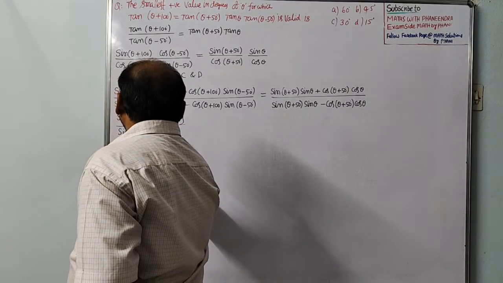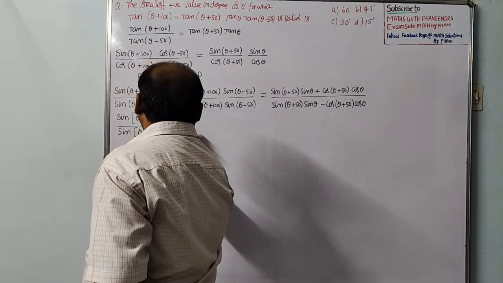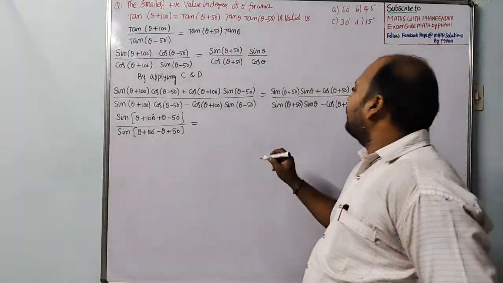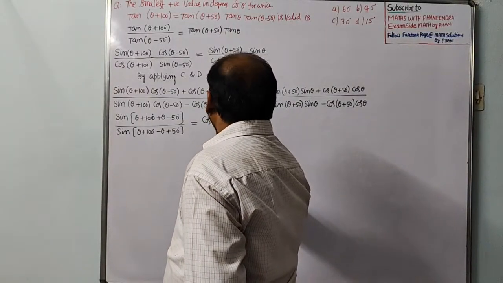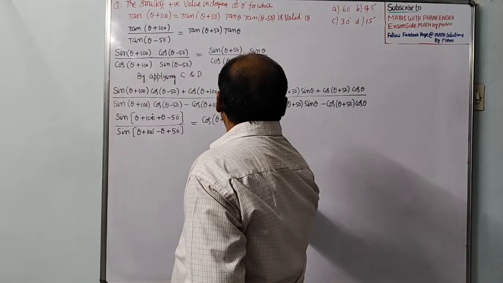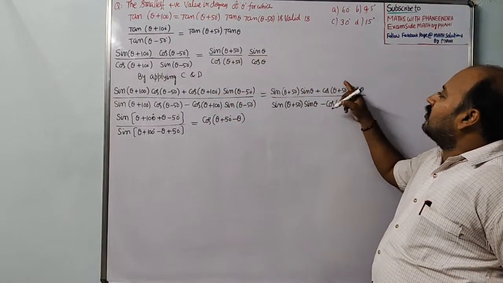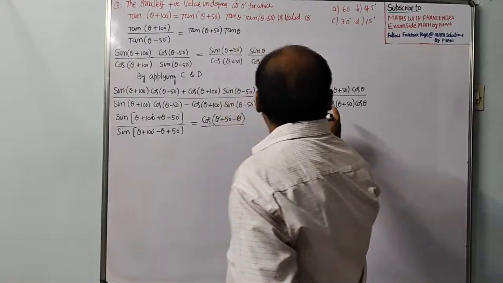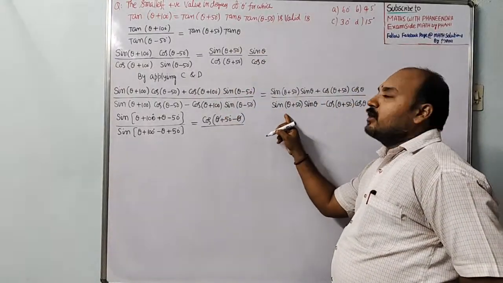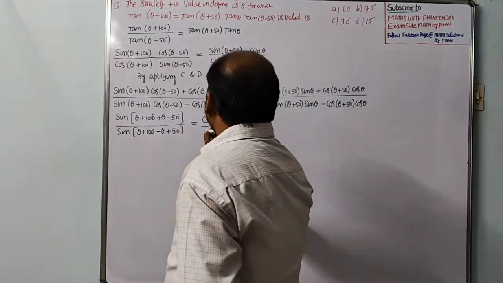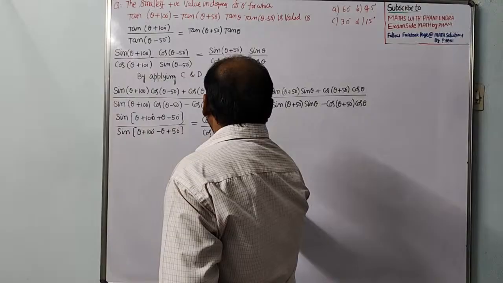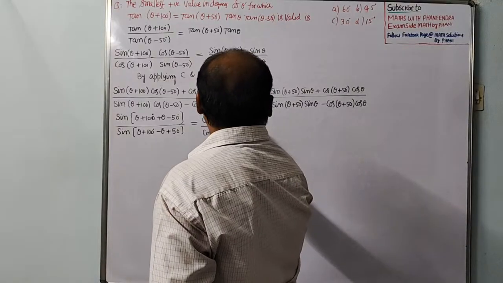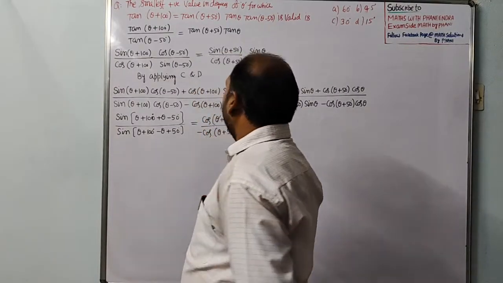Theta plus 100 minus theta plus 50 is equal to, numerator, cos A cos B plus sin A sin B, cos of A minus B, cos of theta plus 50 minus theta, divided by cos A cos B minus sin A sin B, cos of theta plus 50 plus theta, taking minus common.